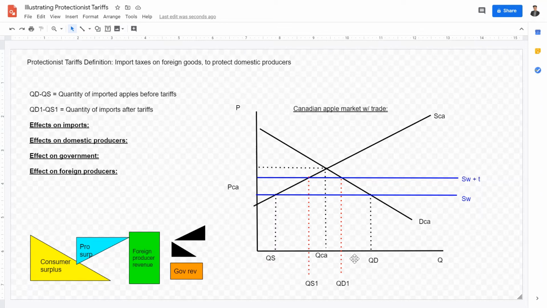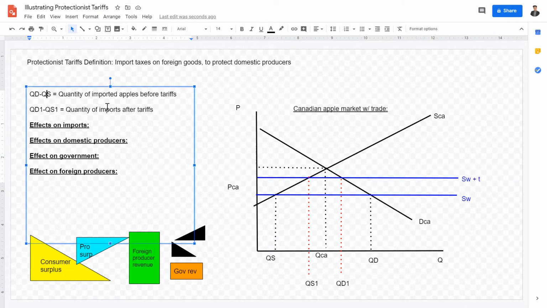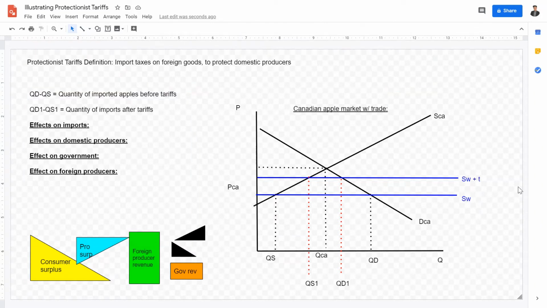Without international trade, the difference between QD and QS would be a surplus of demand. However, with international trade, instead of being a surplus of demand, it's going to be the quantity of imported apples. So we have established that SW, this blue line right here, is the world supply of apples, which is being imported into the Canadian market.